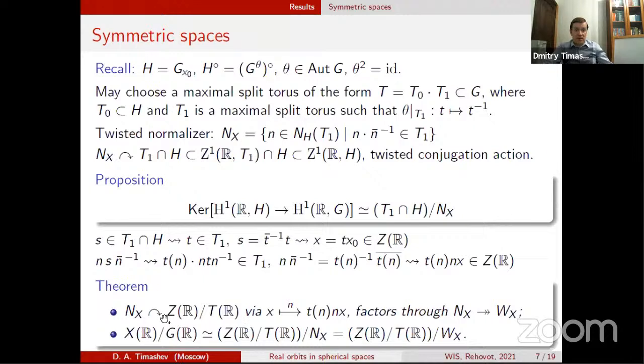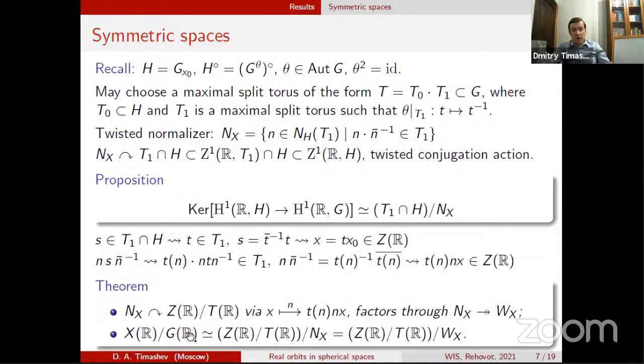But it gives you a well-defined action on the set of real T orbits on the real locus of the slice. And this action actually factors through the action of the little Weyl group, which in this case is just the Weyl group of this torus T1. So the normalizer of T1 modulo its centralizer. This is the little Weyl group of a symmetric space.